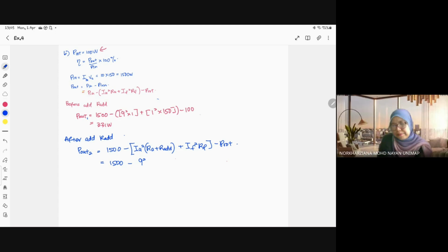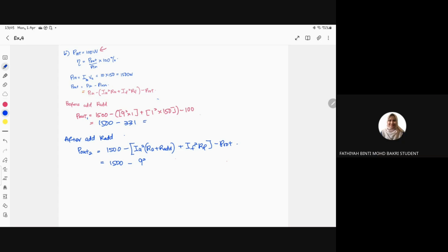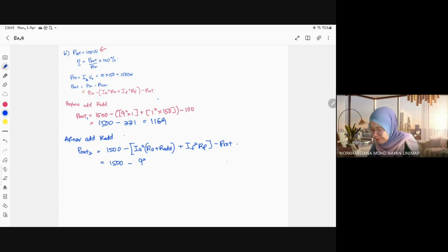Sekejap saya kira balik. Bukan. Oh ya. Sorry. Losses. Yang ni losses. So 1500 minus 331 right? Dapat apa tadi? 1169. I think betul. Thank you. So it's 1500 minus 331. Yeah, betul. Thank you. Watts.